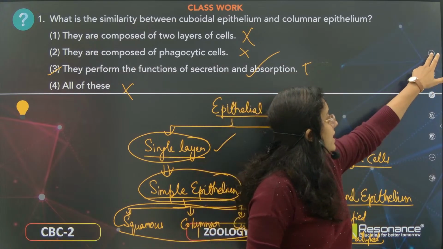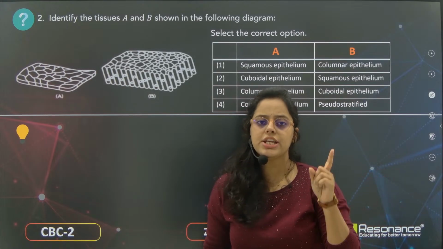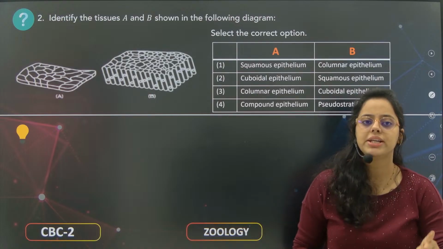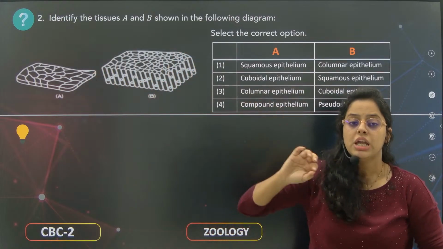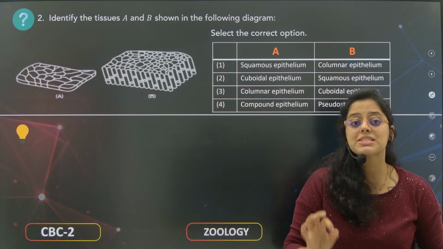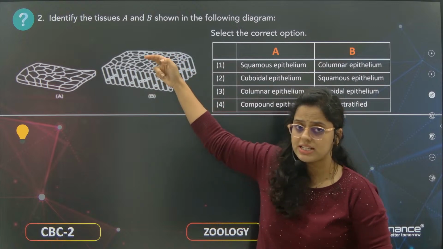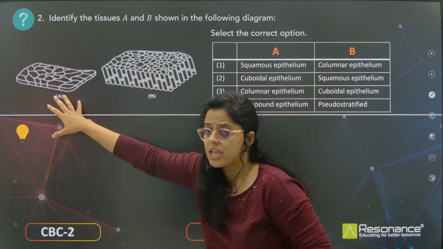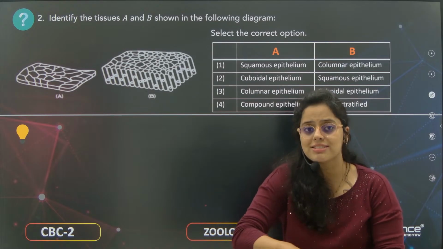Now coming to the next question, question number 2. Identify tissue A and tissue B shown in the following diagram. Tissue A is squamous epithelium, whereas tissue B has tall cells. If you see, tissue A has a pavement-like or tiles-like appearance.